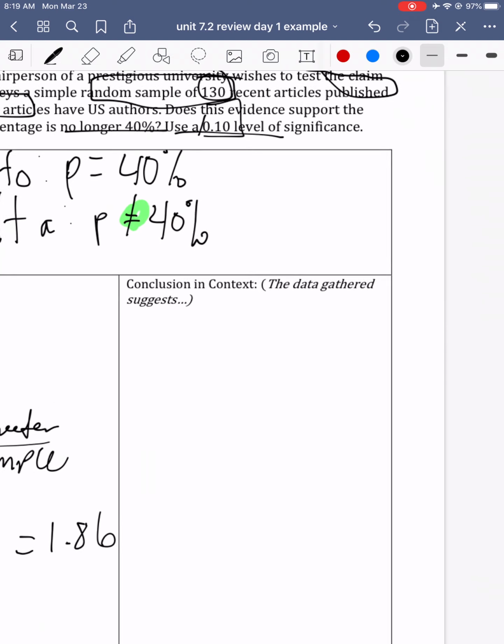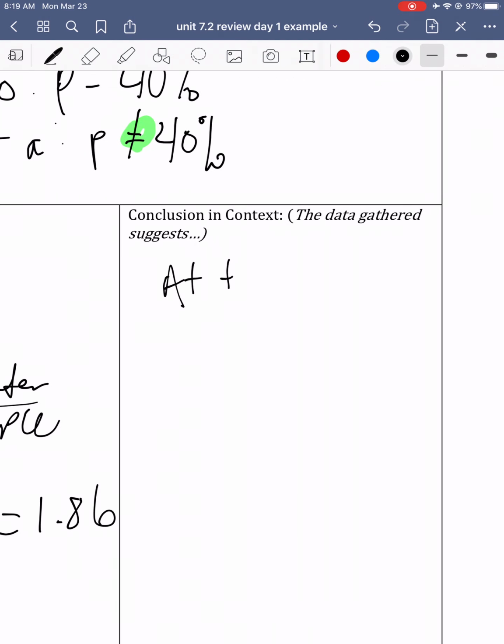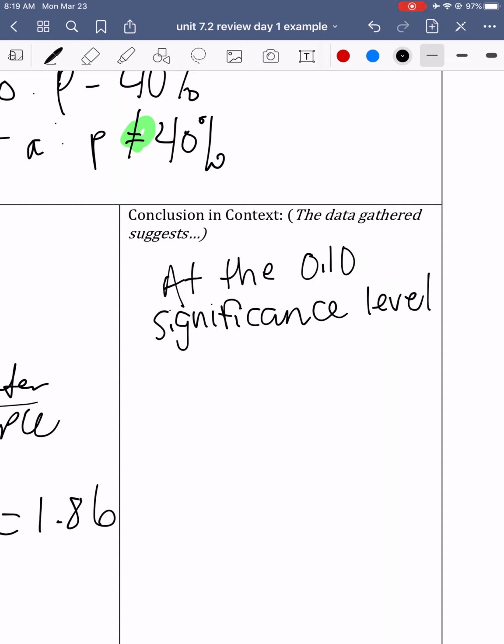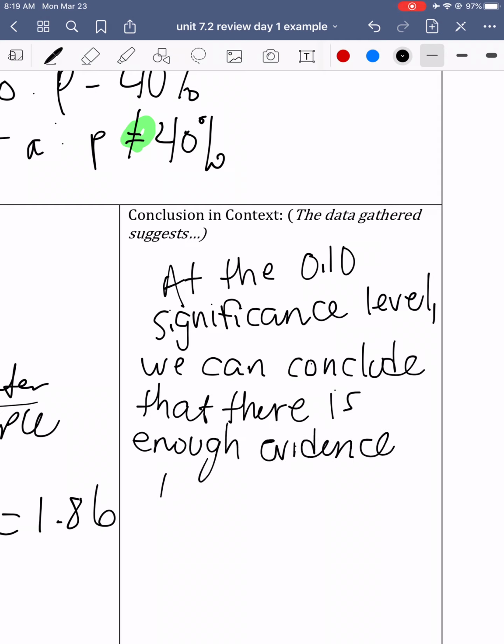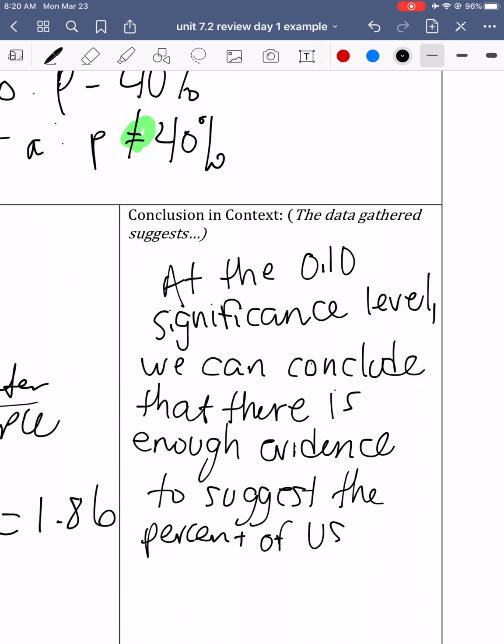So we would say, in the context of the problem, at the 0.1 significance level, we can conclude that there is enough evidence to suggest the percent of U.S. authors is no longer 40%.